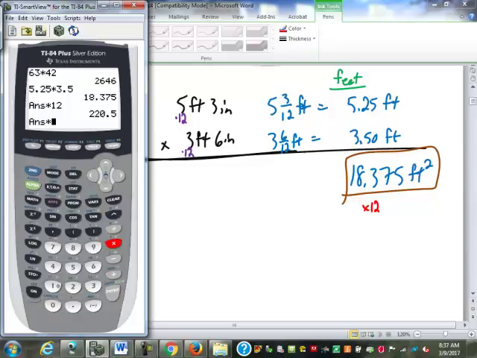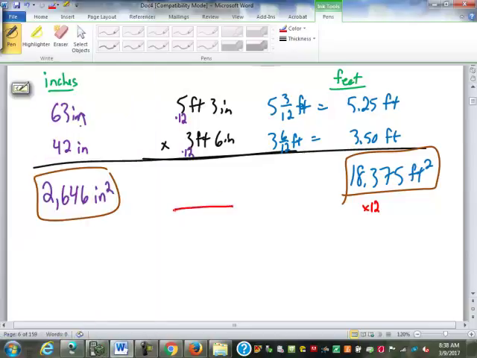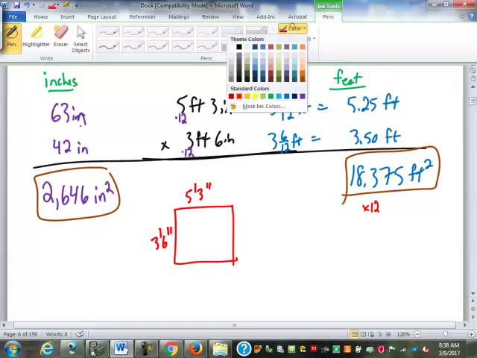If I multiply it by 12 a second time, though, there it is. Why did I have to multiply by 12 twice? Yeah, that's where we're going with this.